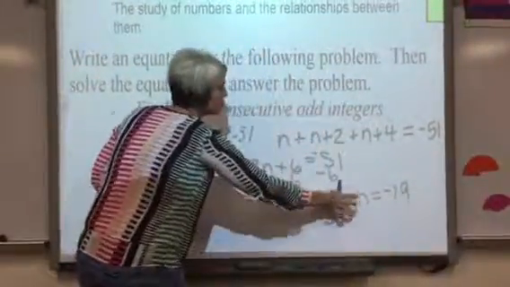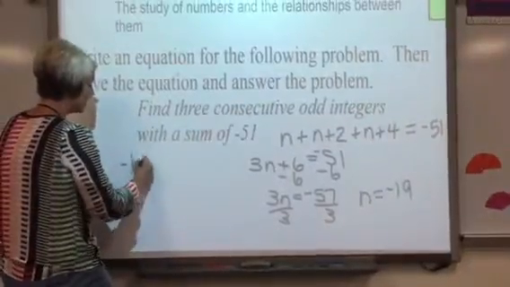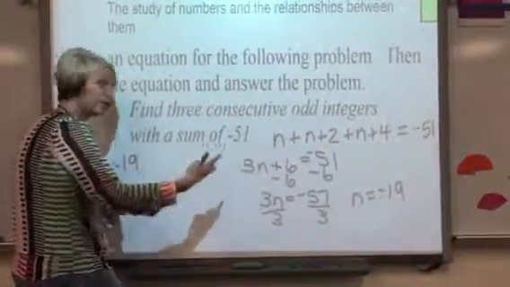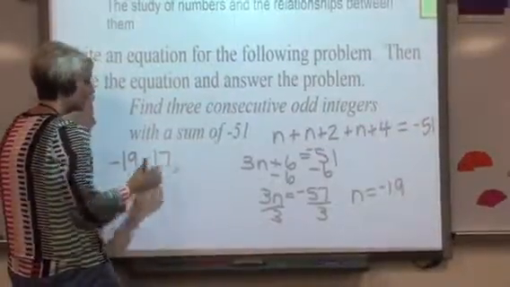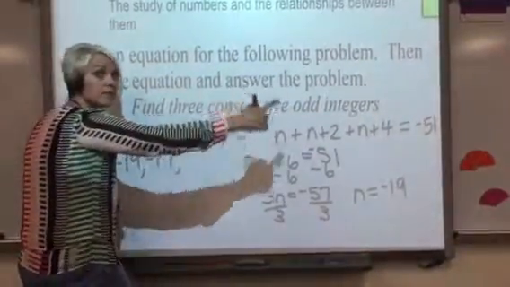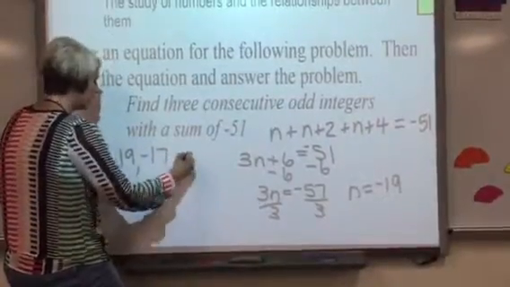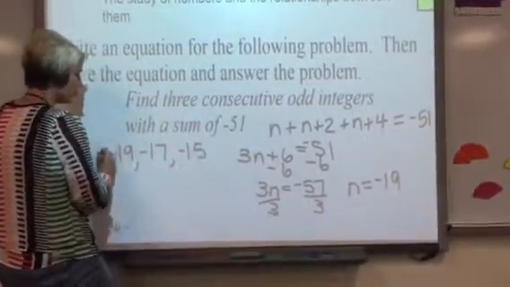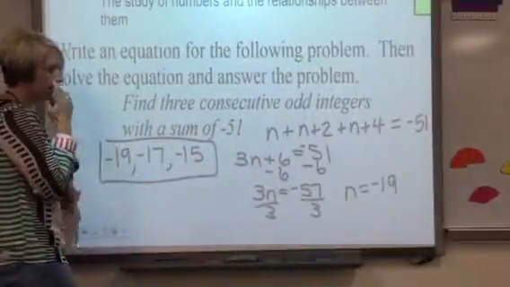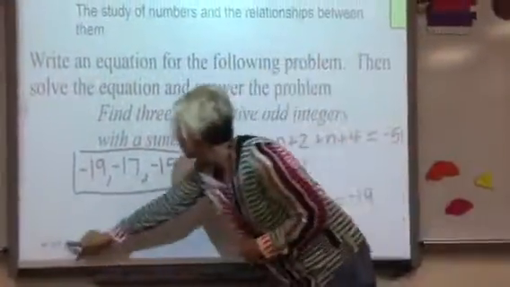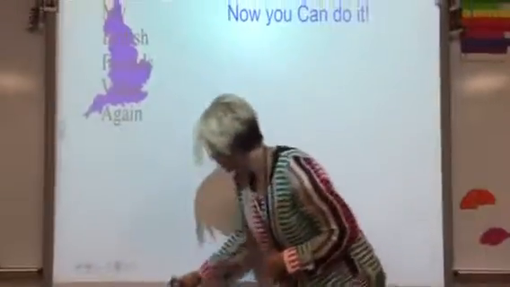So now my first odd integer is negative 19. The next odd would be n plus 2, and my next odd would be n plus 4, or you could do plus 2 to this one if you wanted to. So these are my 3 consecutive odd integers. And you can do an example of this in your notes as well.